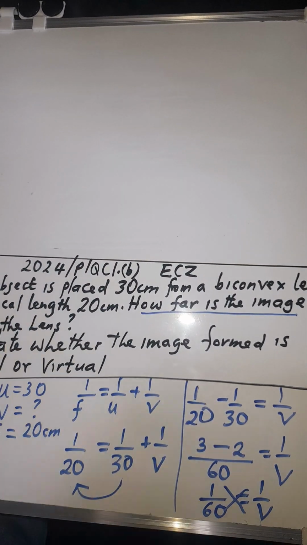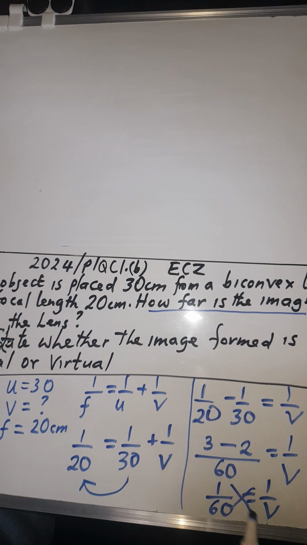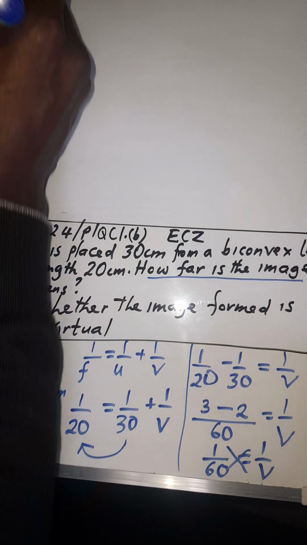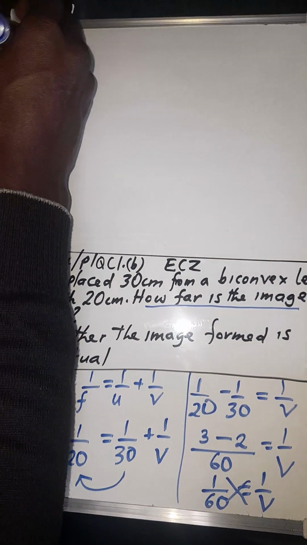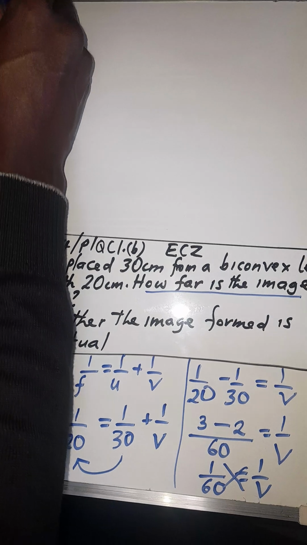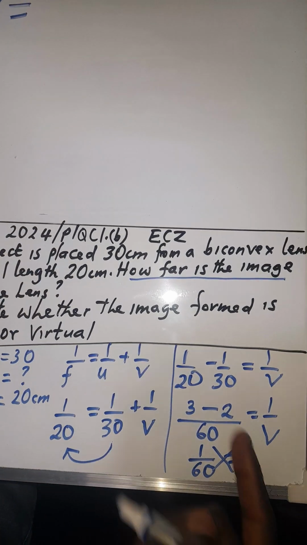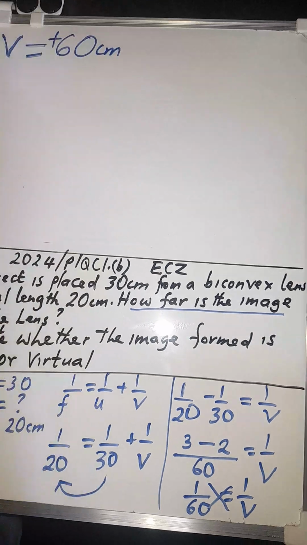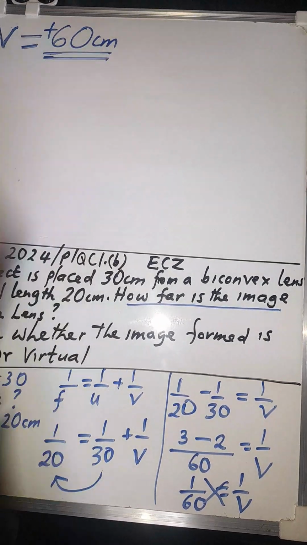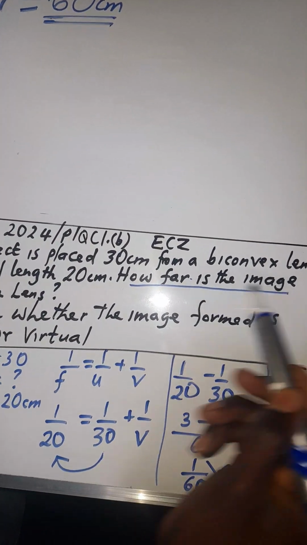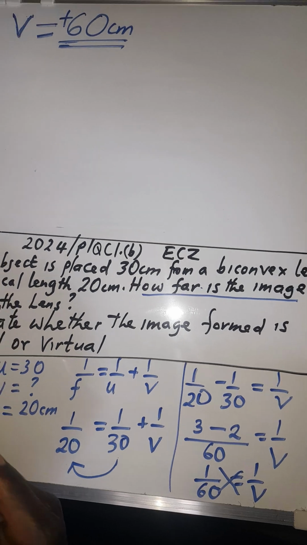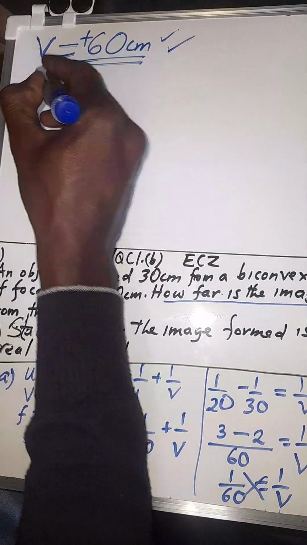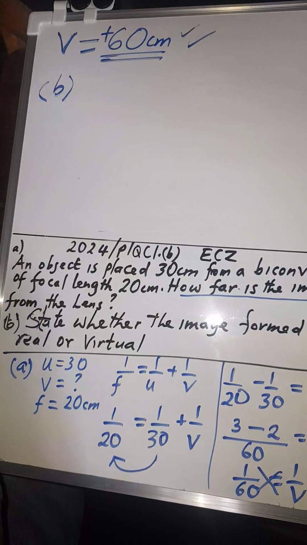If we cross multiply, V times 1 gives V, and V is equal to 60 times 1, which gives 60 centimeters. Remember, this is a positive value. So that is how far the image is from the lens: 60 centimeters. That's what I wanted you to do in that exam.